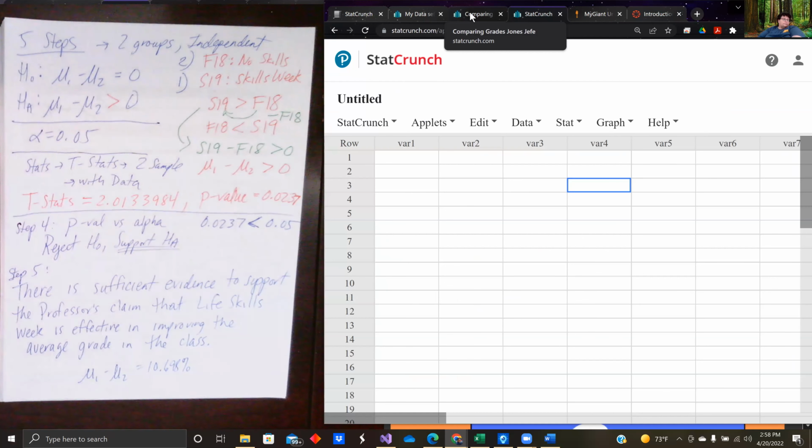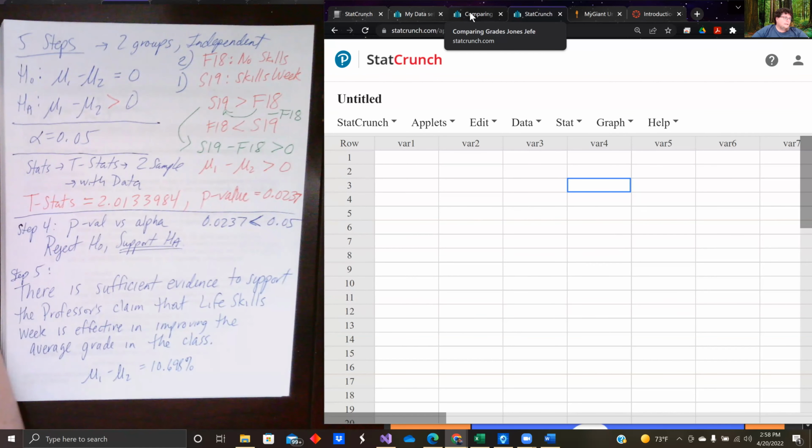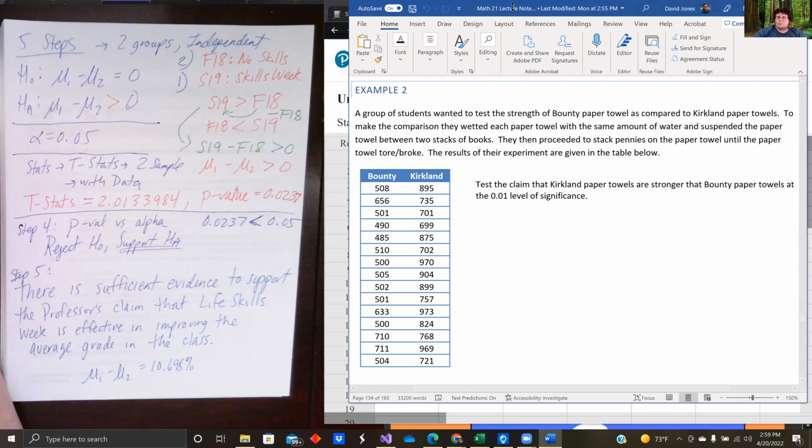All right, so give you a second to finish writing that down. And then we'll go on to the lecture notes. We got one problem in the lecture notes we're going to do. We'll do one problem from the homework, and then we'll call it a wrap.